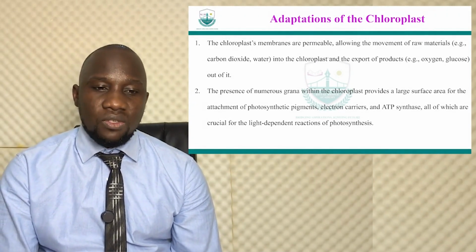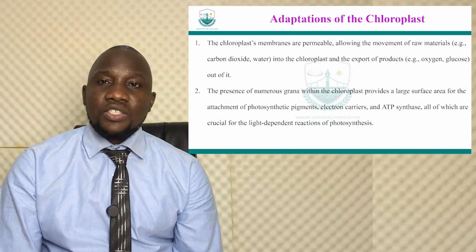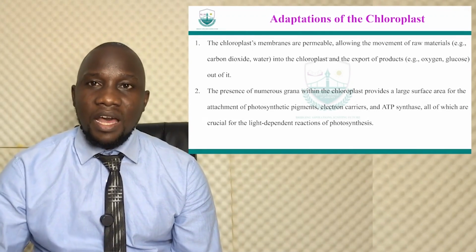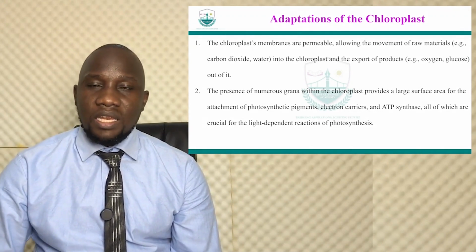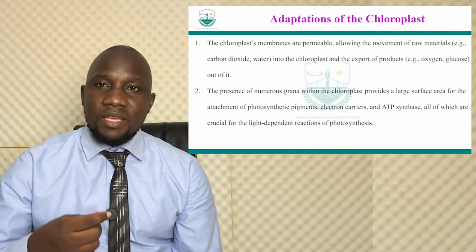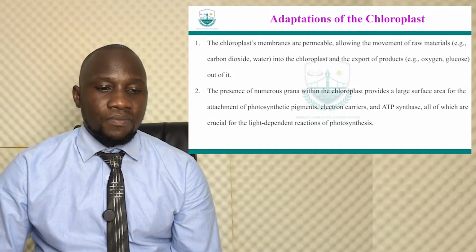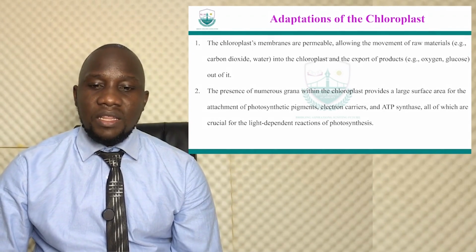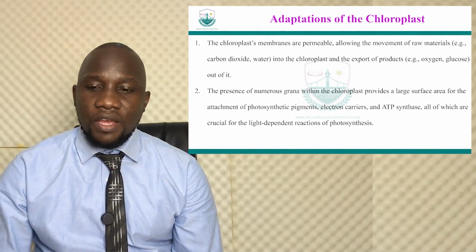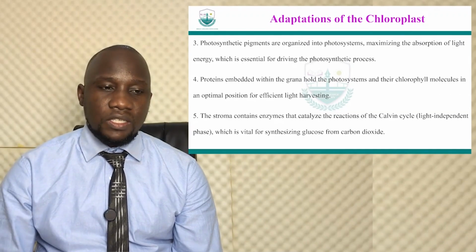So things like carbon dioxide and water can enter into the chloroplast, and if things need to be exported out, they can. For example, oxygen and glucose, which are products of photosynthesis, can be exported out of the chloroplast. And then you have the numerous grana. That means that you have a large surface area for the process of photosynthesis.